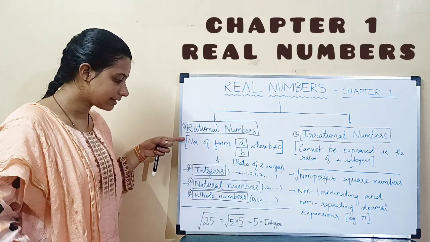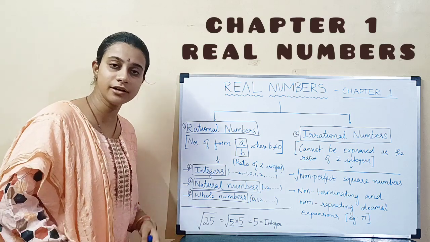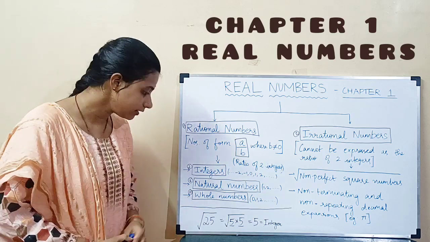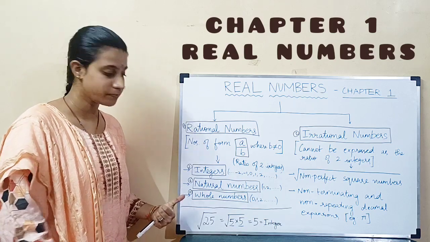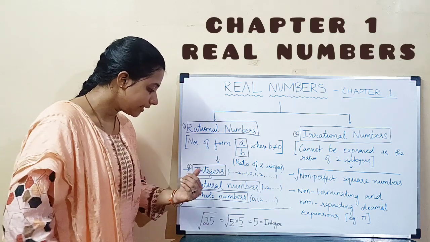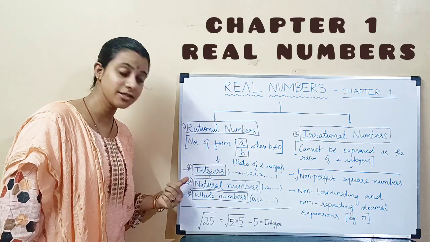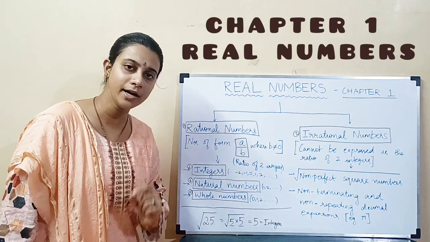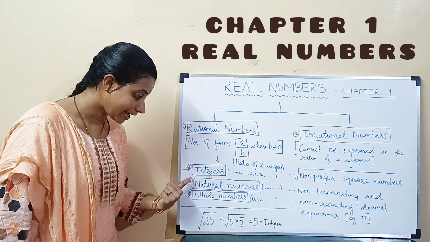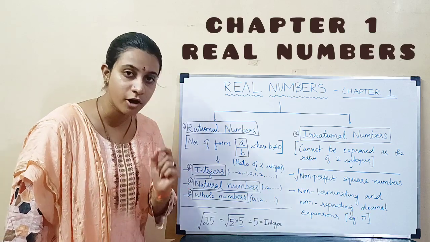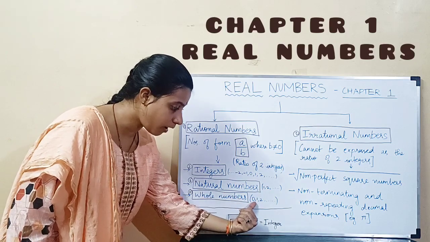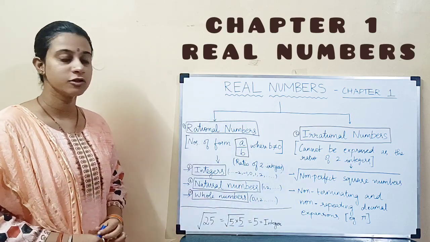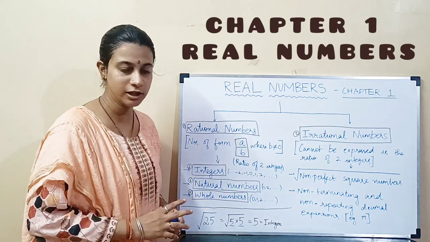This consists of three major types of numbers, which are integers, natural numbers and whole numbers. Integers comprise negative numbers, 0 and positive numbers. Natural numbers comprise positive numbers, and whole numbers comprise 0 and positive numbers. So this is all about rational numbers.